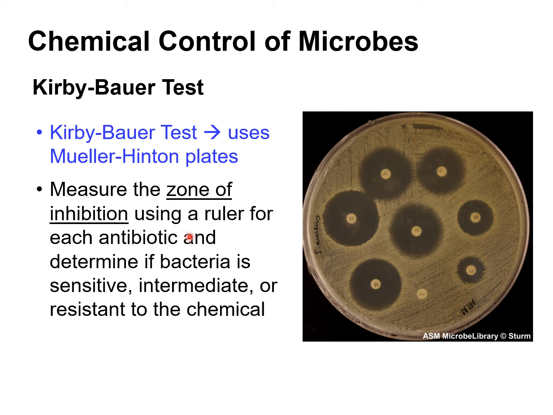And what you have to do is go ahead and you grab that Mueller-Hinton agar plate. You go ahead and you inoculate your plate with the bacteria. And you usually have to inoculate the plate several times, like 2 to 3 times.